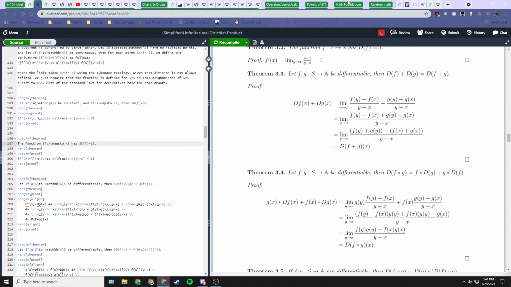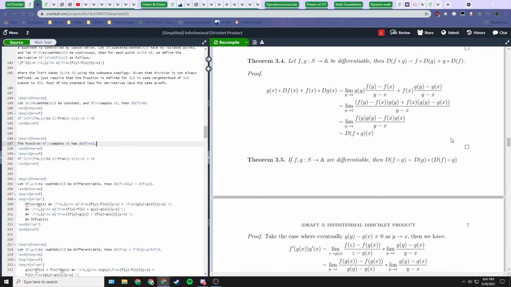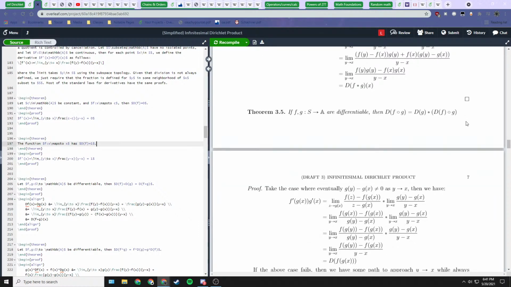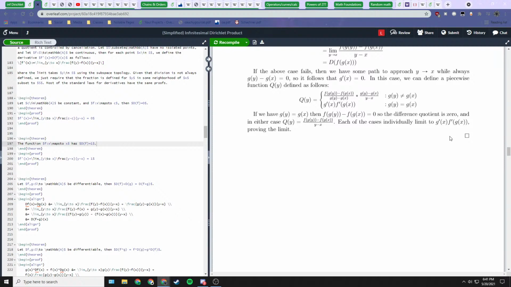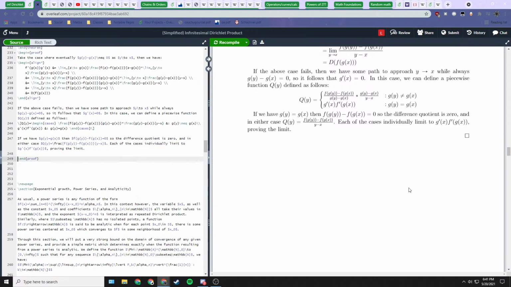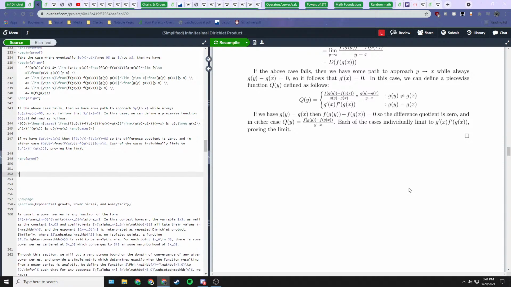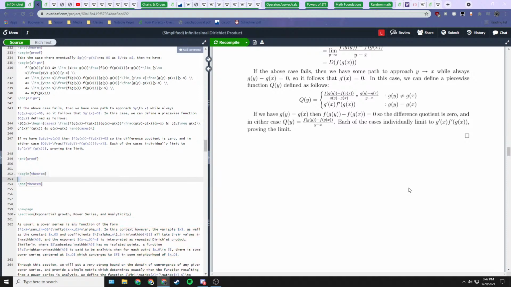Okay, so that's good. So we have all these standard derivatives. The next one that we want to do, so we can do some more complicated ones, we can do the reciprocal.